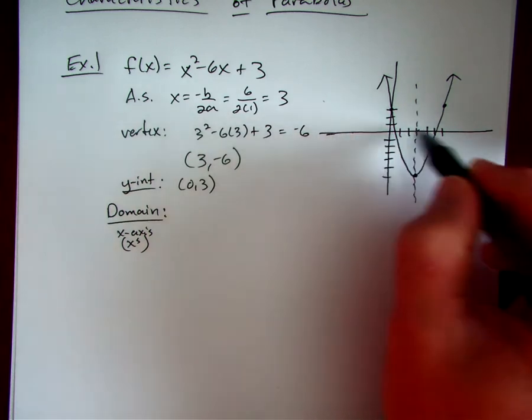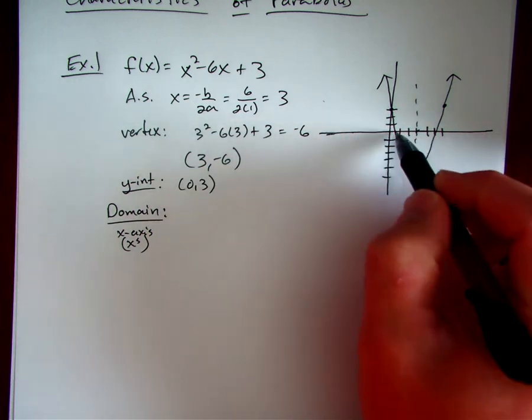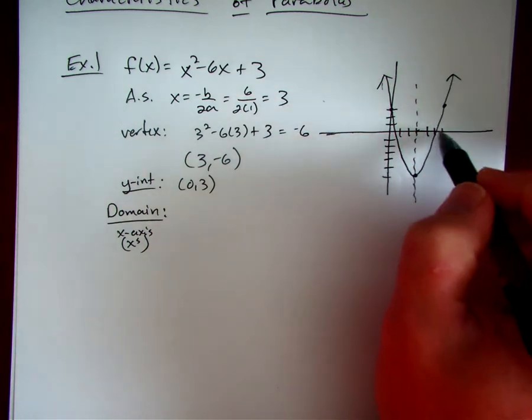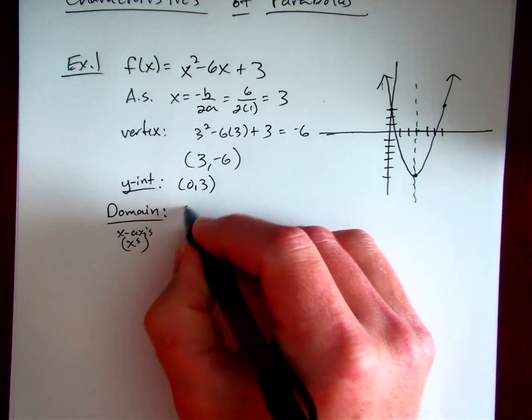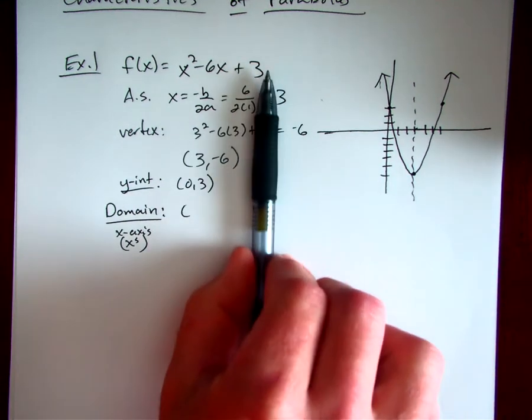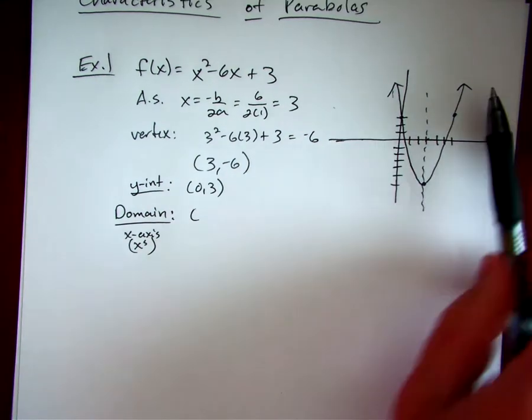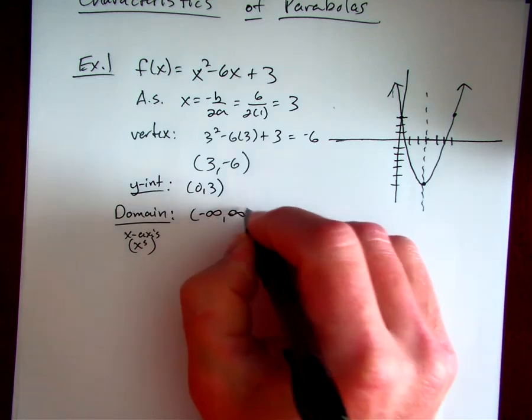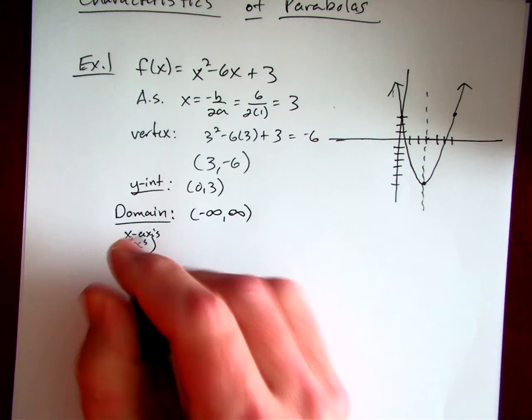Sure. So when you talk about domain, as this graph goes up, it goes out to negative infinity. As this graph goes up, it also goes out to positive infinity. So your domain, in interval notation, working from left to right, is from negative infinity to positive infinity. All right, there's our domain.